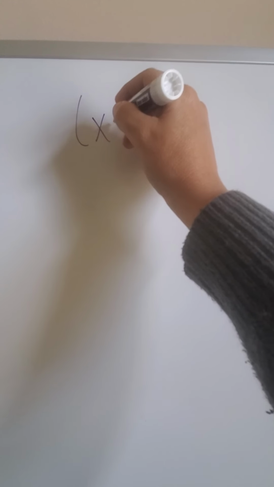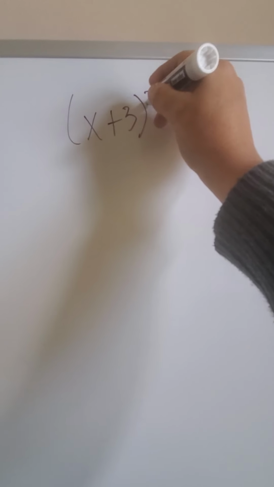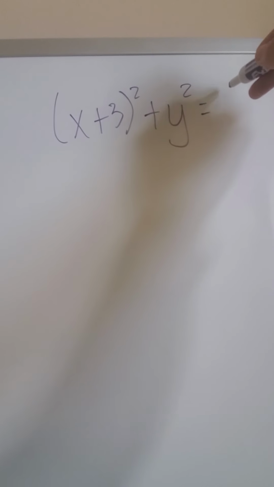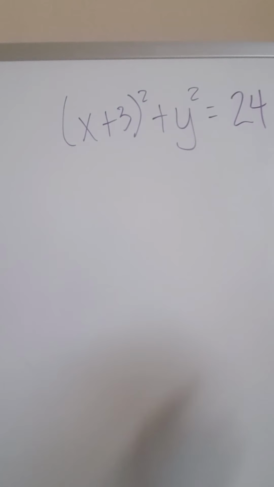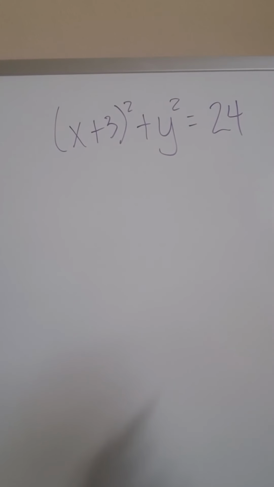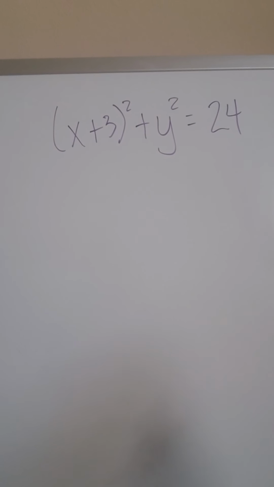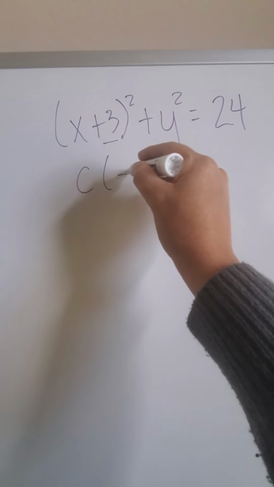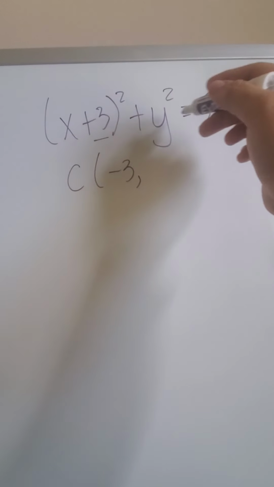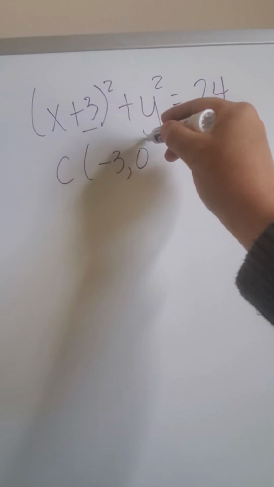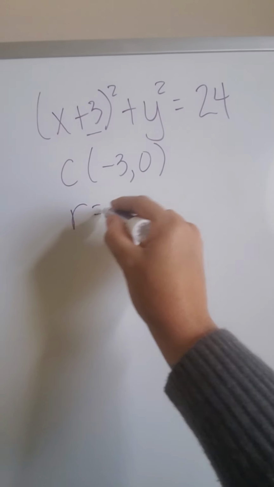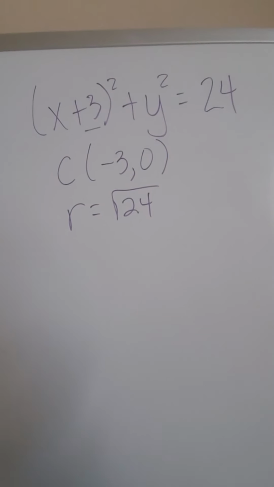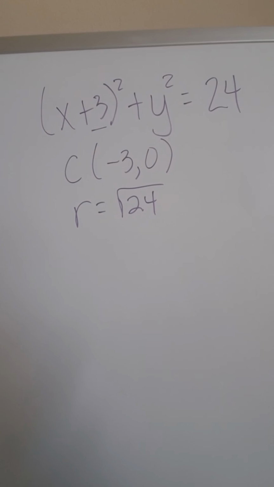So x plus 3 squared plus y squared equals 24, okay? So on this one, it looks a little different, doesn't it? I've got to change this sign so my center would be at negative 3. There's nothing subtracted here, so it'd be 0. And then my radius, I'd have to say the square root of 24. Now, sometimes they'll put it in simplest radical, okay?